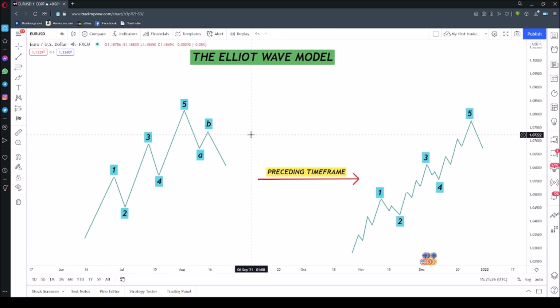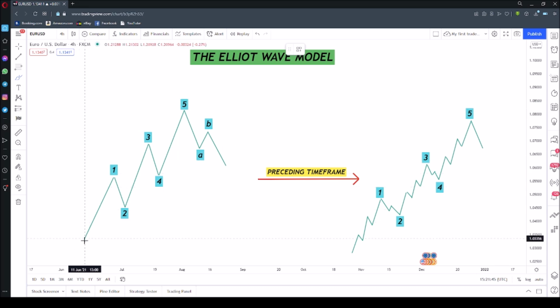So we have a model that we follow whenever we are trying to use the Elliott Wave theory. In this case, the model states that the market movement with the investor psychology will always create 5 waves in a full cycle.